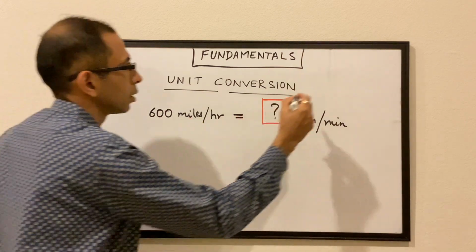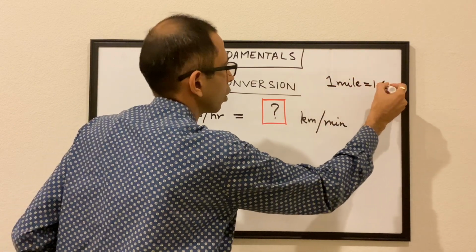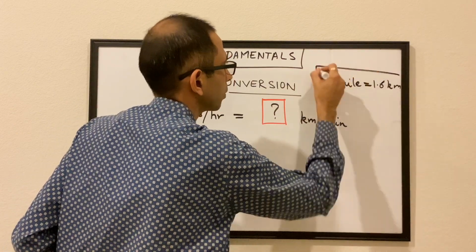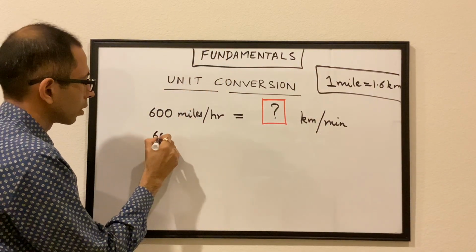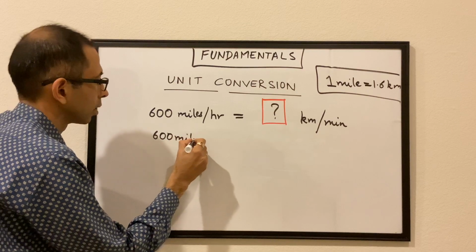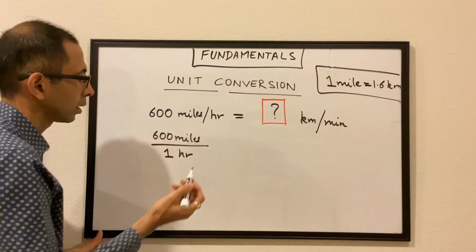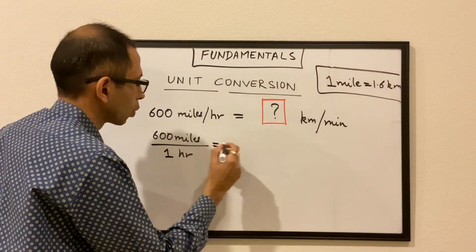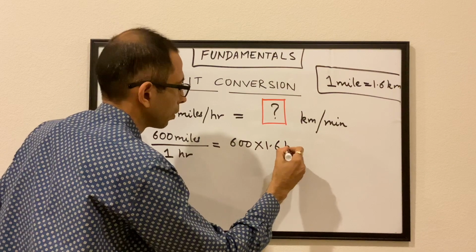We know that 1 mile is equal to 1.6 kilometers. So 600 miles per hour, or we can say 1 hour, is equal to 600 times 1.6 kilometers.